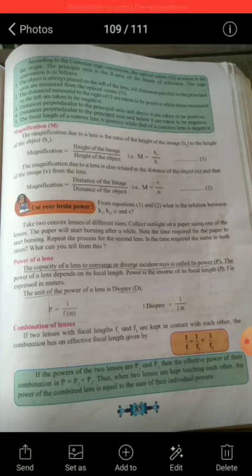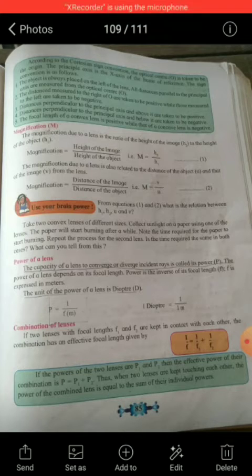Then see our next point, that is the power of a lens. The capacity of a lens to converge or diverge incident rays is called its power, and it is denoted by capital P. We know what convergence and divergence are. The power of a lens depends on its focal length.